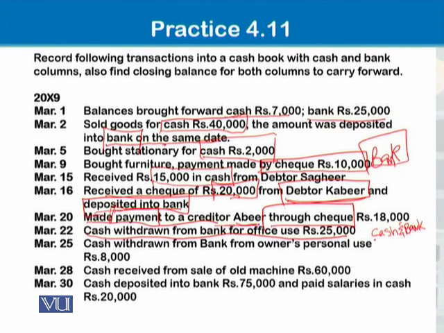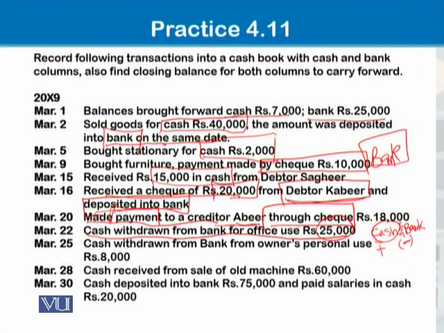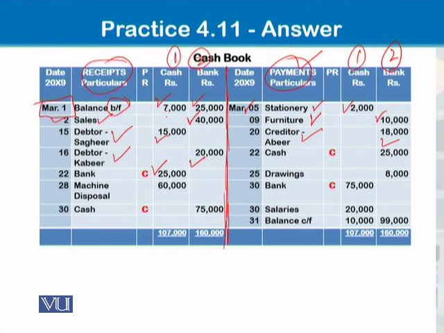So what we see is that in cash there is an increase, since we have withdrawn cash from the bank and received it, and in bank there is a decrease. Cash is increasing here, so on the receipt side, under the cash column, we have received 25,000. At the same time, we have to show it under the bank column on the payment side, this 25,000.